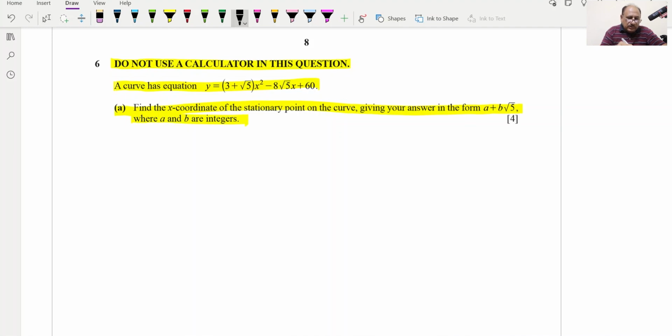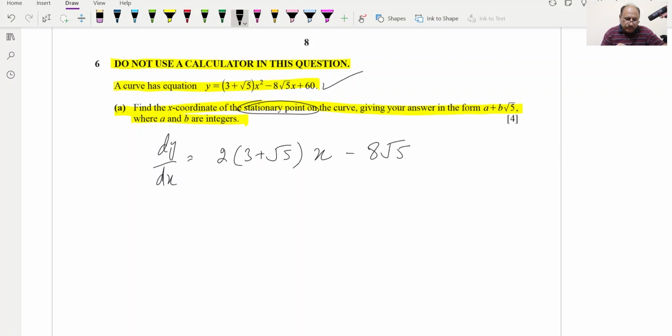So for stationary points, we have to take the derivative, and we will put the derivative equal to 0. So the derivative of this given equation is, we can pull the power first, so 2 into 3 plus root 5, this one, and this will be x to the power 2 minus 1, which is 1, minus 8 root 5.